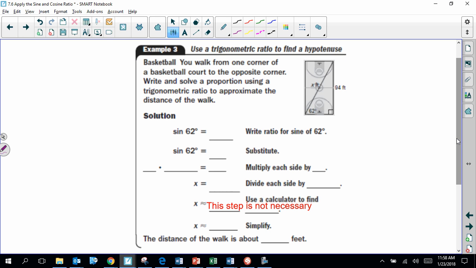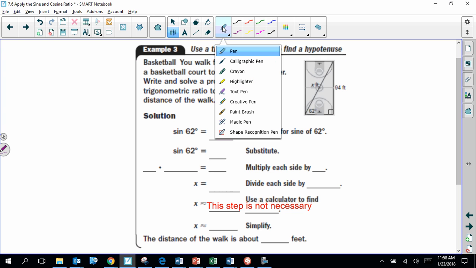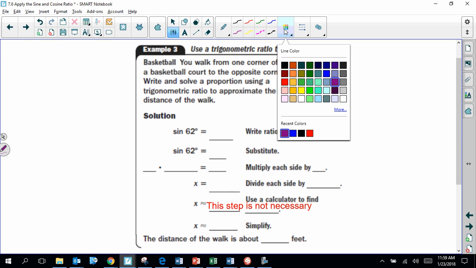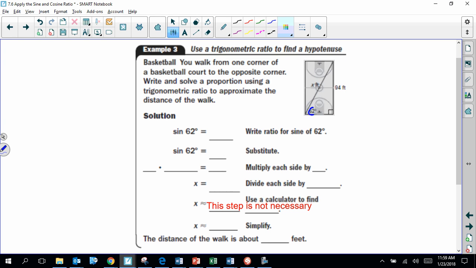So we're going to set it up by saying, well, let's find the hypotenuse in this case. Looking at the angle of reference that we have here, let's go blue. Here's my angle of reference. So the side that I know is the side opposite of the angle, and the side we're looking for, the distance that we're going to walk, is the hypotenuse.